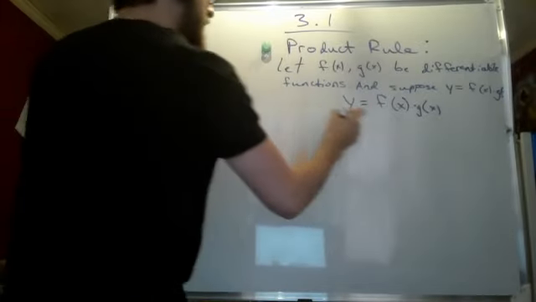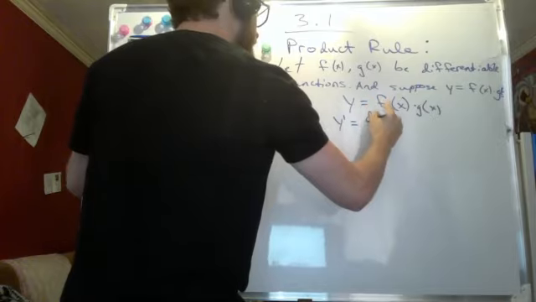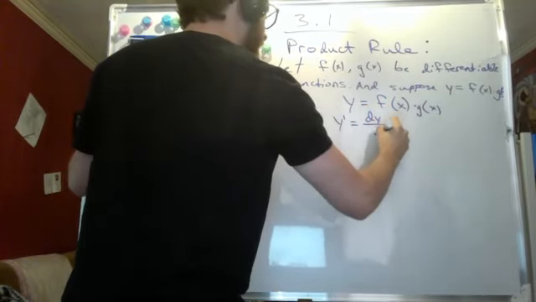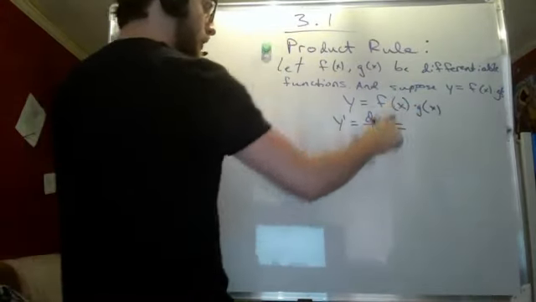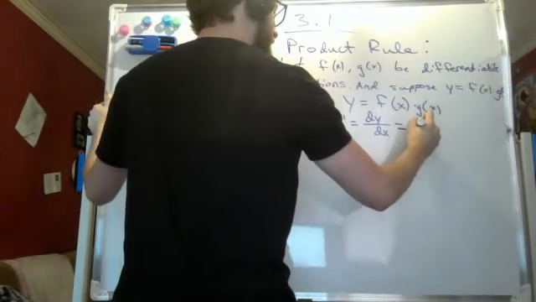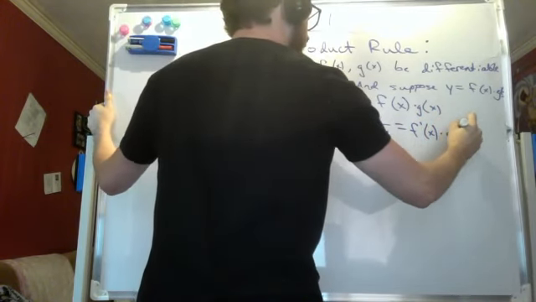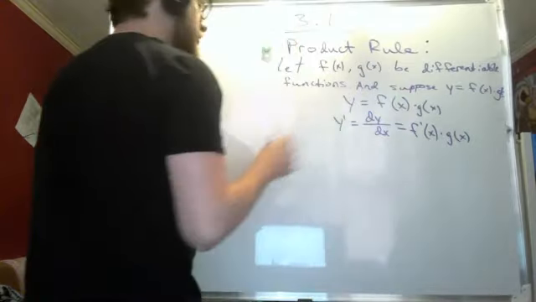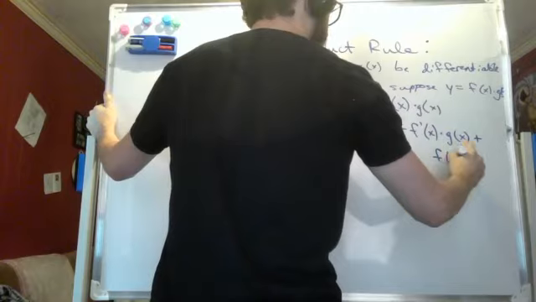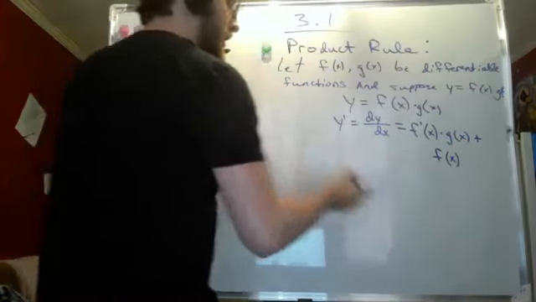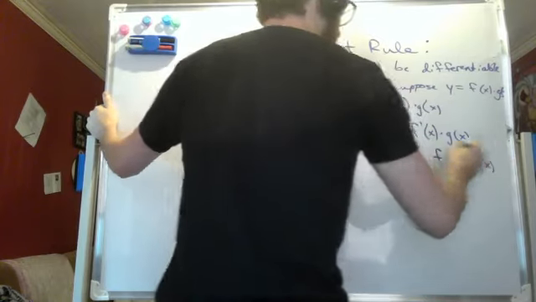So what is the rule? Well, we say that y prime, or in other words, the derivative of y with respect to x, dy dx, is equal to the derivative of the first guy, so that's f prime, times g of x with no derivative, just regular old g of x, plus f of x, this time with no derivative, times g prime of x, the derivative of the second guy.